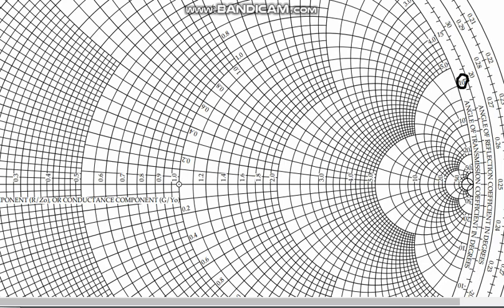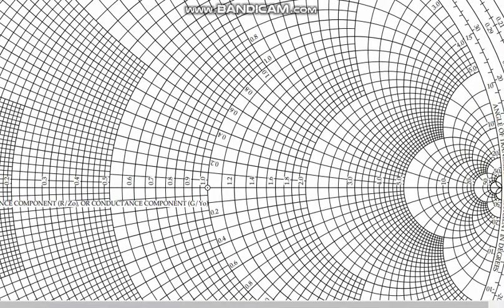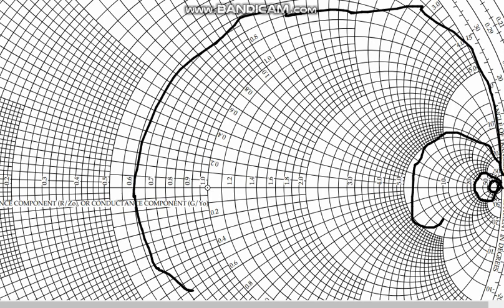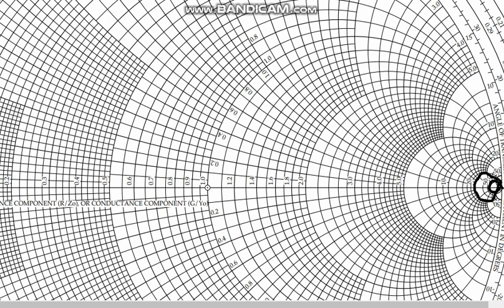But that's not the main point. The main thing is that the chart is constructed from these circles. As you can see, there is a smaller circle, a larger circle, and again a larger circle. These circles are known as the real value.